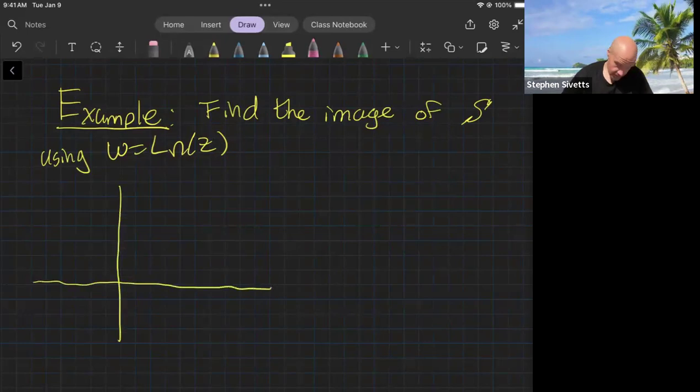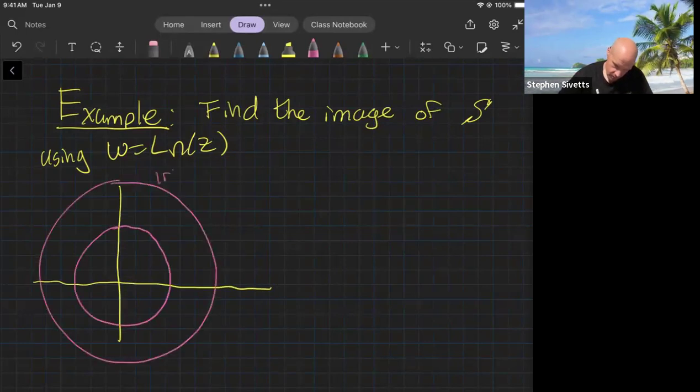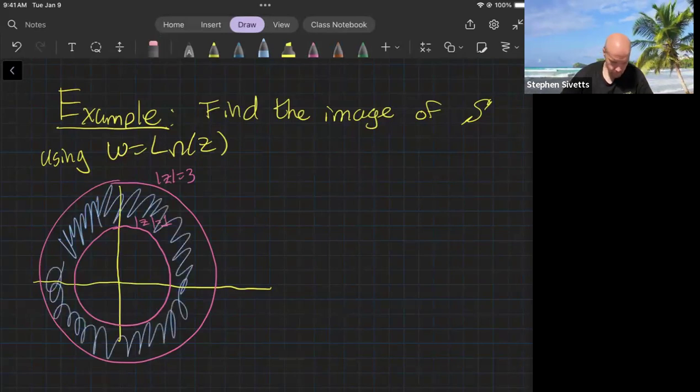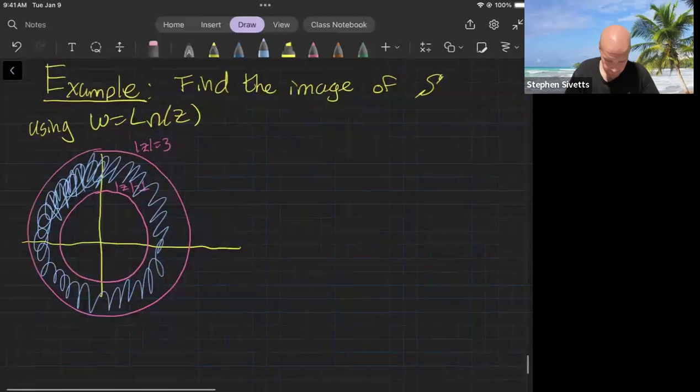So we have an annulus. One of the boundaries is the circle of radius 1, and the other is the circle of radius 3. And we have the region that's in between. So try and work on figuring out what the image of this set is in the W plane.